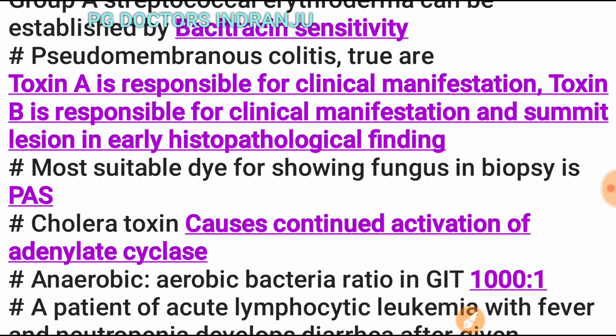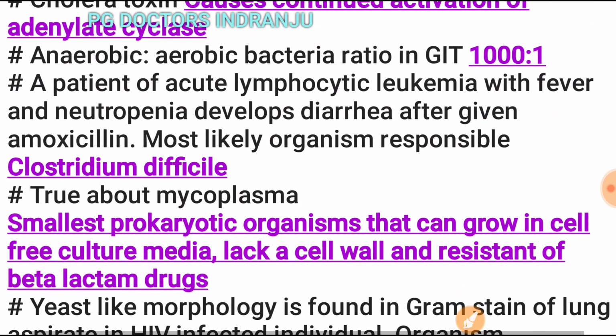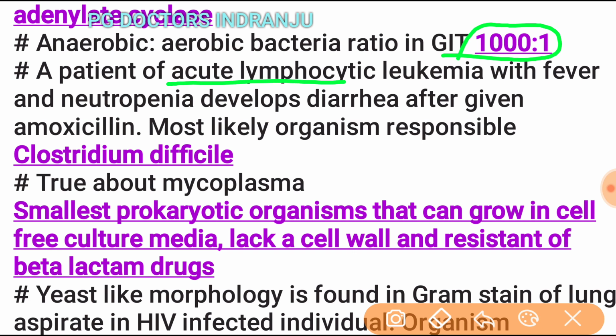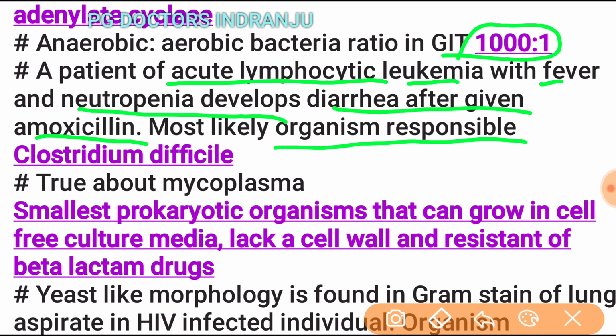The anaerobic to aerobic bacteria ratio in the GIT is 1000:1. A patient of acute lymphocytic leukemia with fever and neutropenia develops diarrhea after being given amoxicillin. The most likely organism responsible is Clostridium difficile.